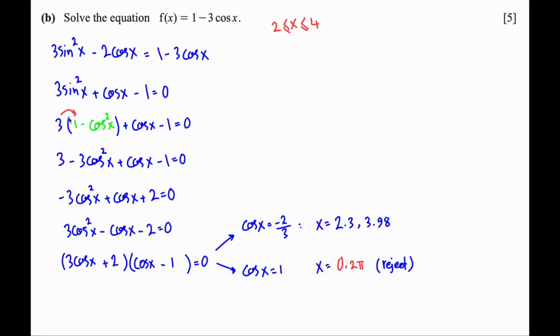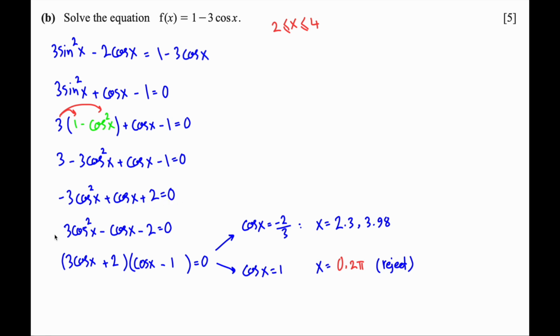And then you just expand this bracket, you get 3 minus 3 cosine squares plus cosine x minus 1 equal to 0.